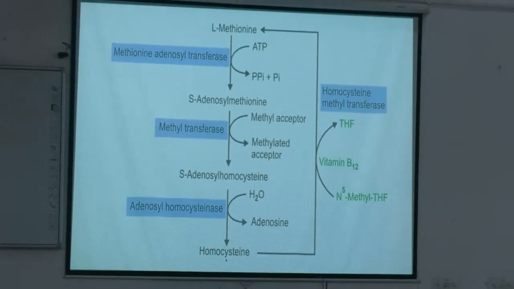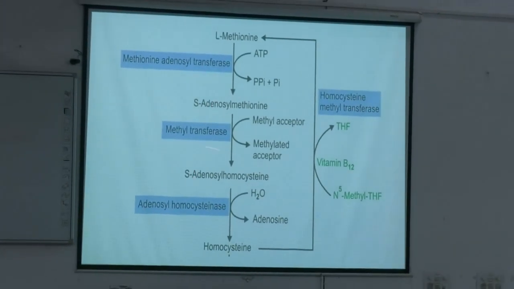Now the transmethylation reaction. This is the reaction, formation of SAH, S-adenosyl homocysteine, and homocysteine methyltransferase can lead to L-methionine. If there is vitamin B12 deficiency, N5-methyl tetrahydrofolate is not converted into tetrahydrofolate, and N5-methyl tetrahydrofolate accumulates.